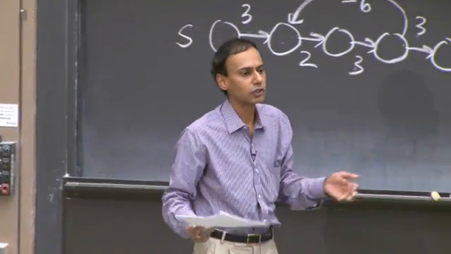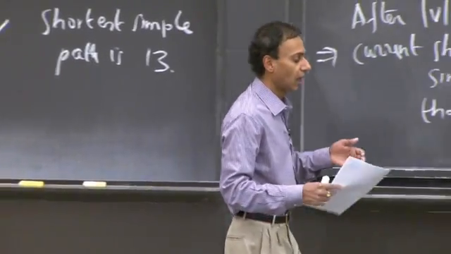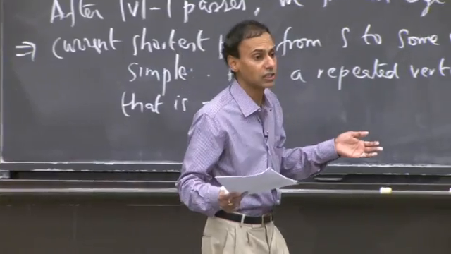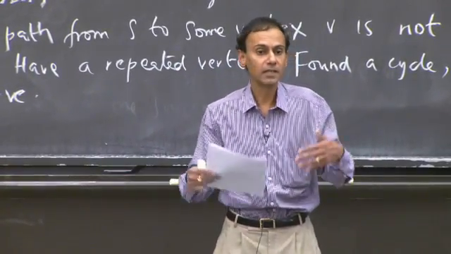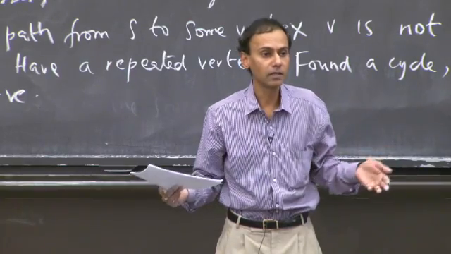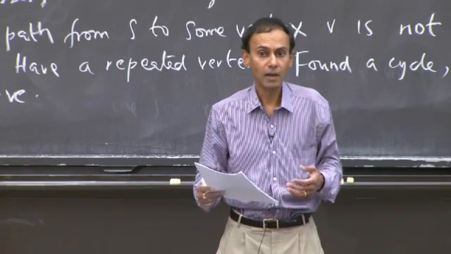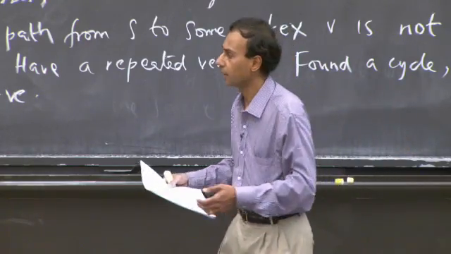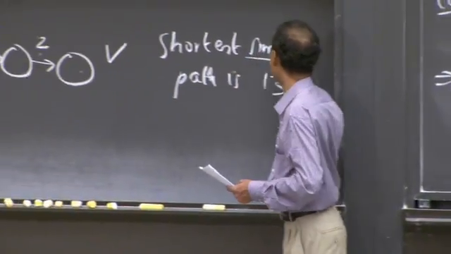You said, I want to look for the shortest simple path in the general case where I could potentially have negative weight cycles in my graph. And when you do that, all bets are off. You're not in the polynomial time complexity domain anymore, at least not that we know of. The best that you can do is an exponential time algorithm to find shortest simple paths.